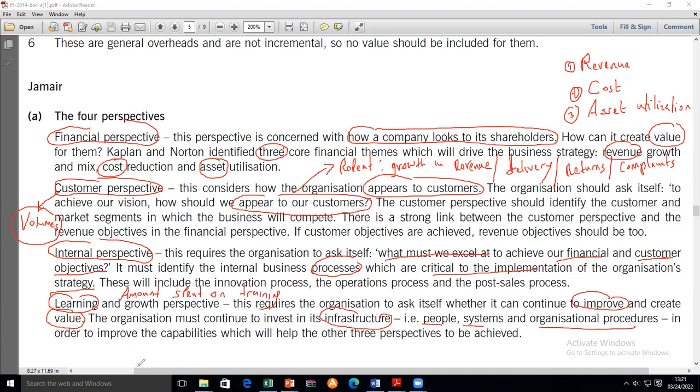Another one is you can tell by looking at how much of your revenue is coming from new products. So these are some of the performance indicators: the amount of money that you are spending on training, and the dividend that is coming from new products, that shows how innovative you are. This shows that you're a learning organization. Okay.